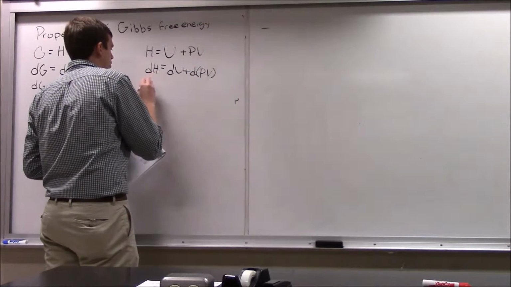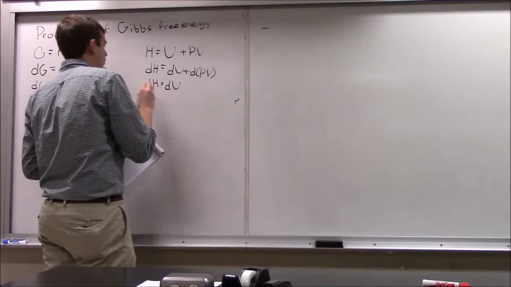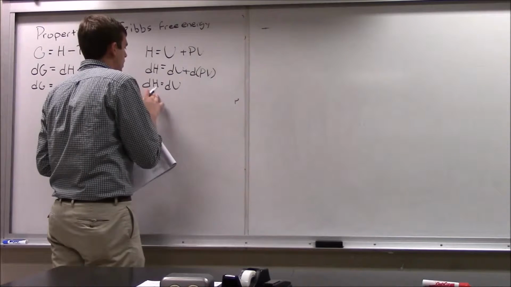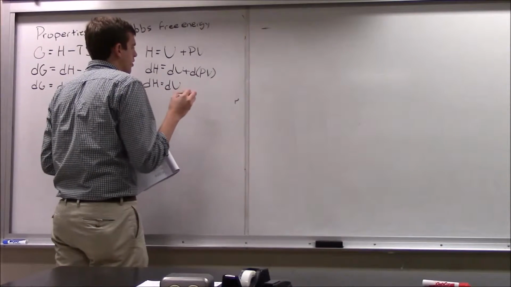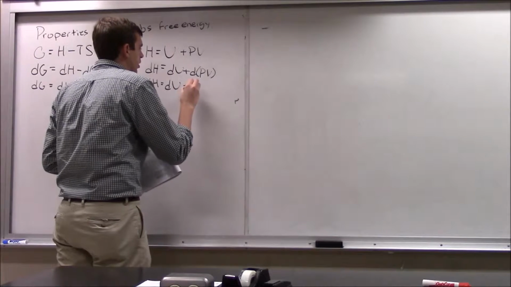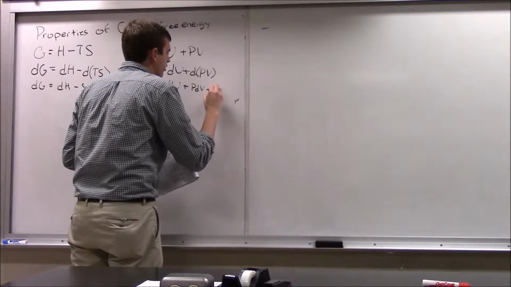Using the chain rule for that, we get that our infinitesimally small changes in enthalpy is equal to infinitesimally small changes in our internal energy plus P dV plus V dP.